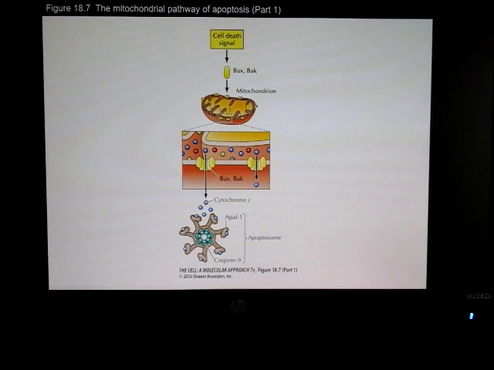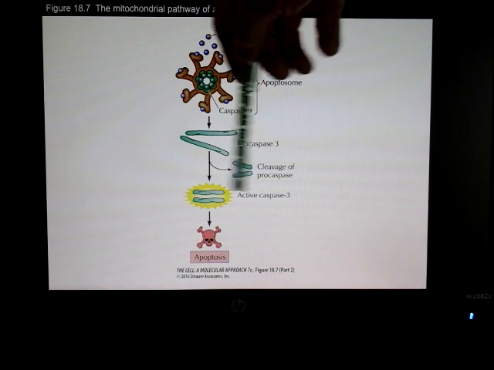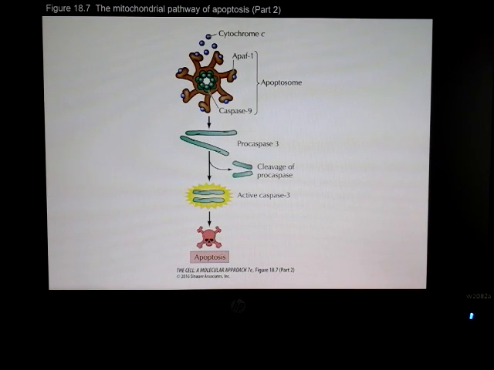And then when the little blue balls, which are cytochrome C, come on, it's the apoptosome. And that's a better view of that. So then another type of caspase called caspase 3 gets involved then. And it's a pro-caspase at first. Then it gets cleaved, becomes active. And then that leads to apoptosis.